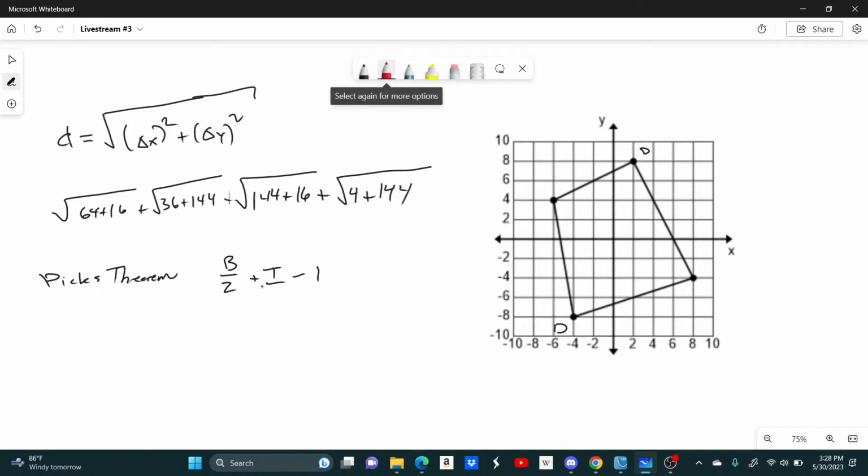So if we count this, how many boundary points are on our shape? We have 1, 2, 3, 4, 5, 6, 7, 8. Okay, so our b is equal to 8. So 8 over 2 gives us 4. And then what about interior points?